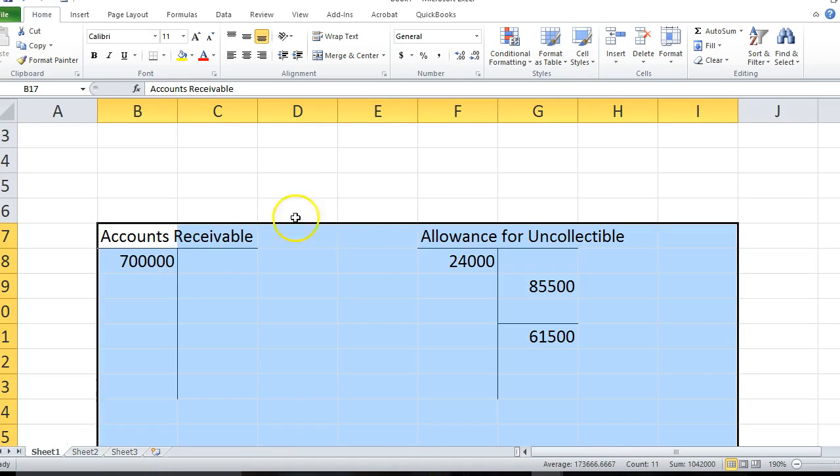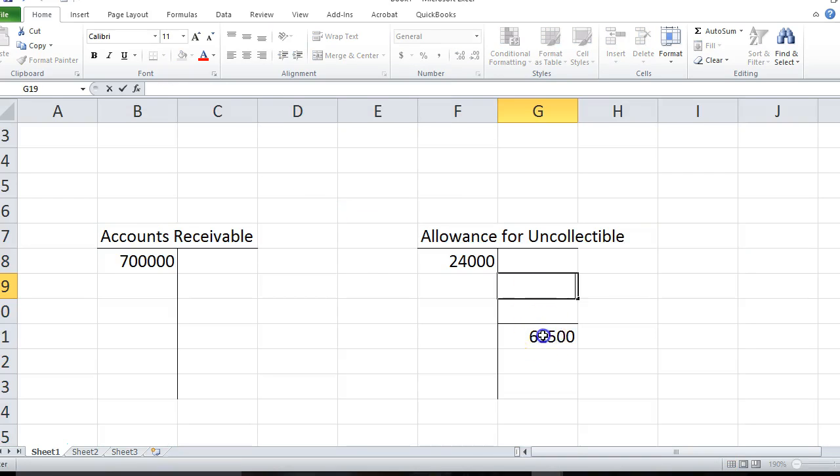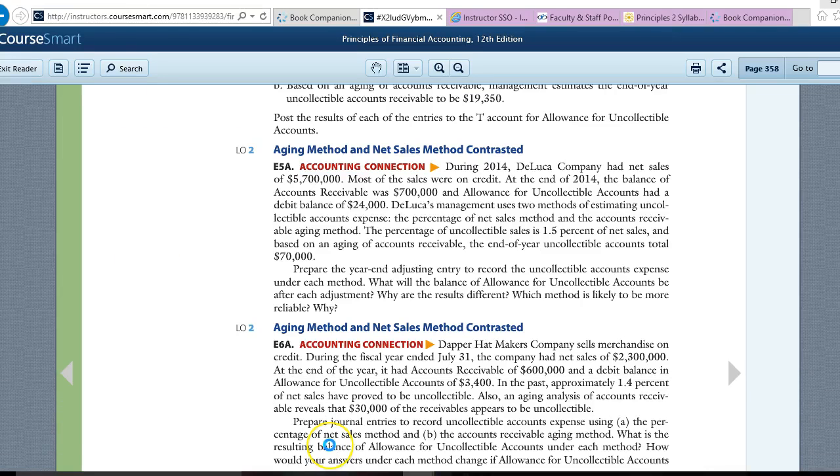Okay? So if we do it the other way, it tells us one method is the 1.5% of sales, and based on an aging of accounts receivable, the end-of-year uncollectible accounts total $70,000.